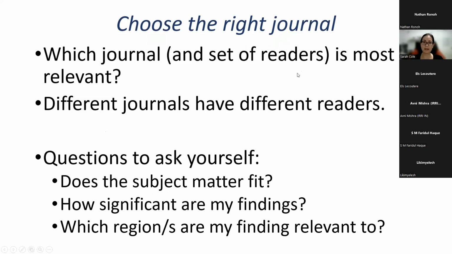The questions you can ask yourself to choose the right journal is, does the subject matter fit, whether they've published on that topic before? How significant are your findings? This might take the form of whether you aim for a lower, medium or high impact journal. If you have very significant findings, then it's a great idea to go for a higher impact journal.